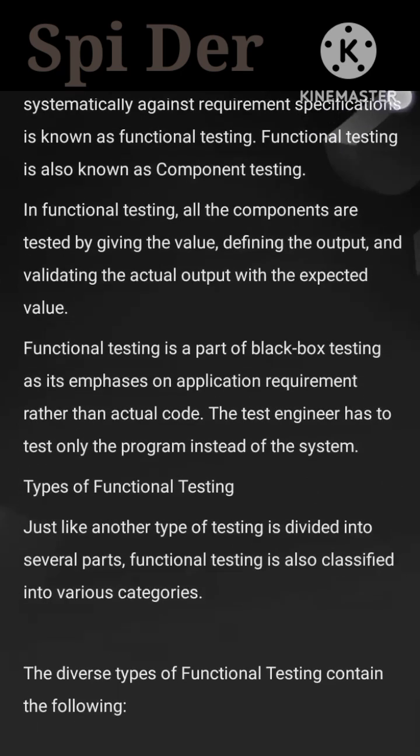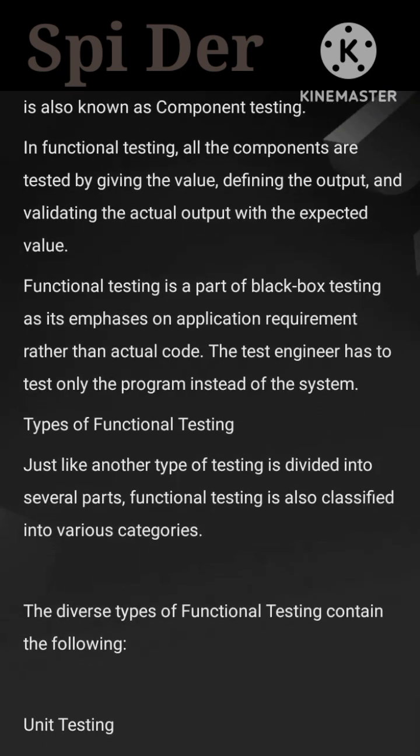In functional testing, all the components are tested by giving the value, defining the output, and validating the actual output with the expected value. Functional testing is a part of black box testing as it emphasizes on application requirement rather than actual code. The test engineer has to test only the program instead of the system.